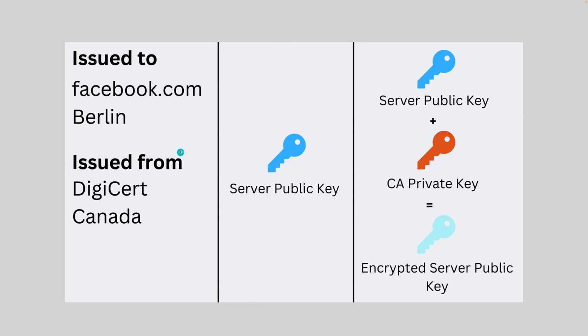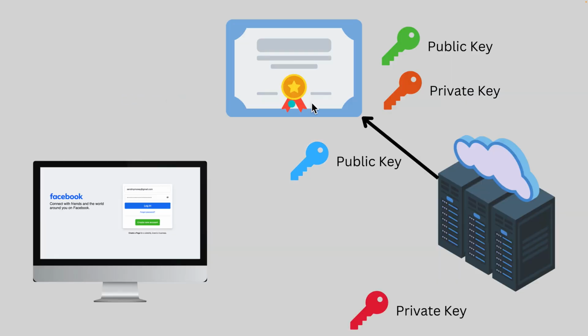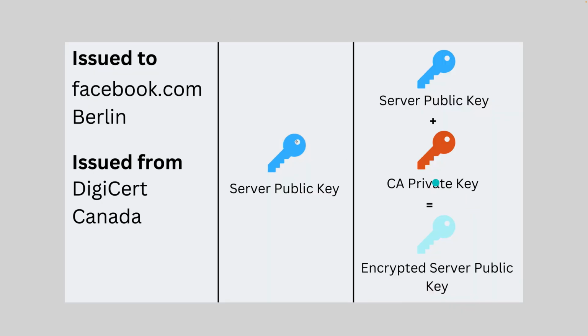So the first part is going to contain basic information about who we're issuing the certificate to. We're going to issue the certificate to this server, and this server is facebook.com. Remember, this is the facebook.com server. So it's going to contain information about the domain, as well as maybe where this server lives. Maybe it lives in Berlin, for example, as well as some other information that I just decided not to add in here.